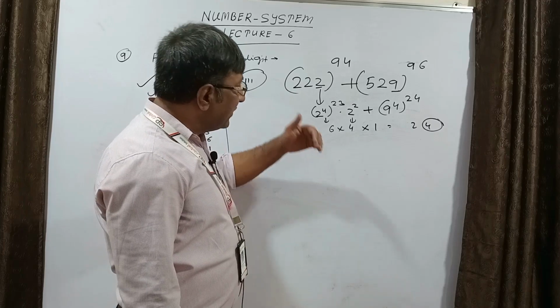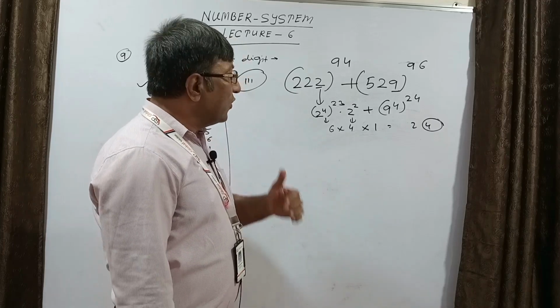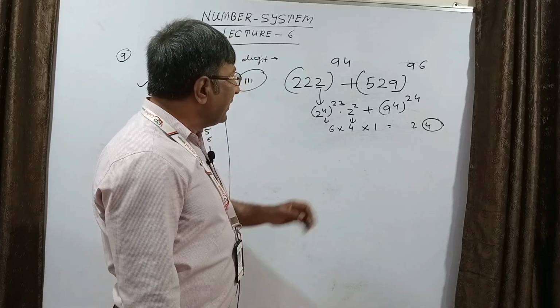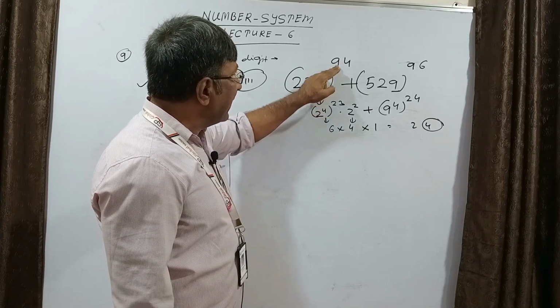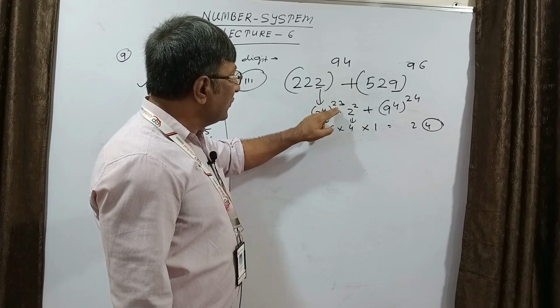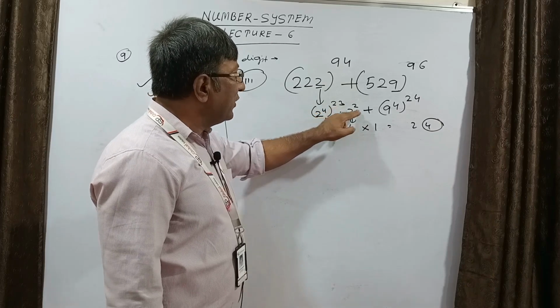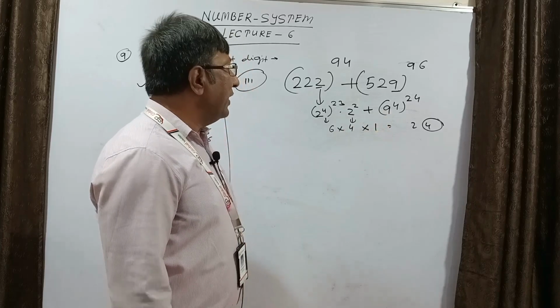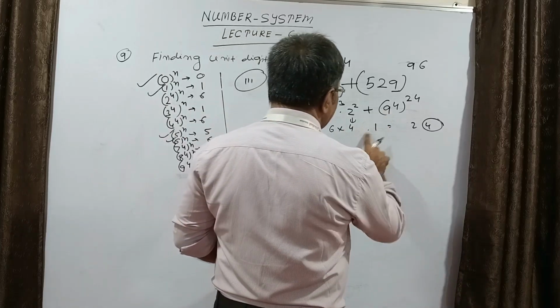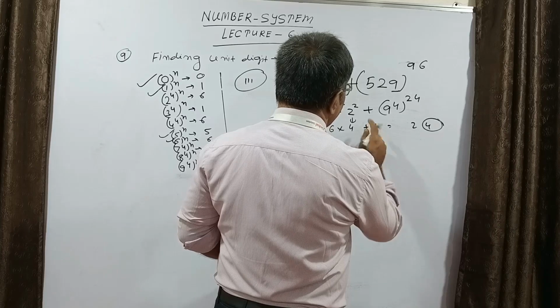So if it is divisible by 4, okay. If it is not divisible by 4, then also okay. We can solve like this. Just like 2 power 4, divide 94, remainder 2. So base is 2, so 2 power 2, and the second 9 is totally divisible. But here my sign is plus.